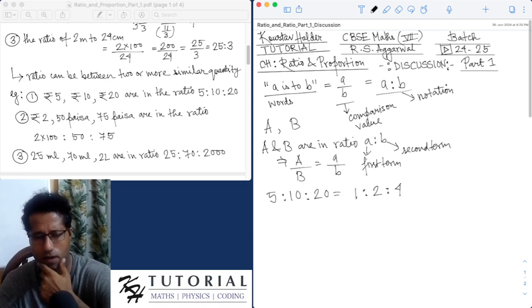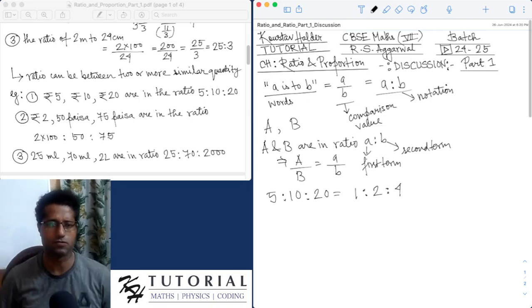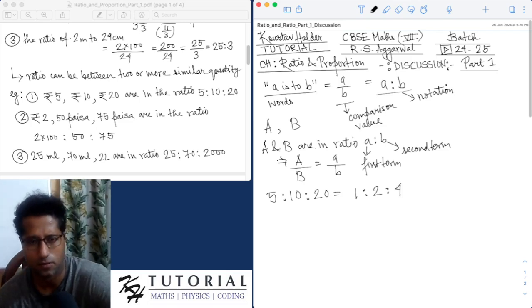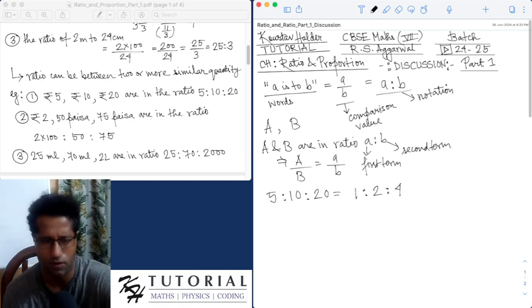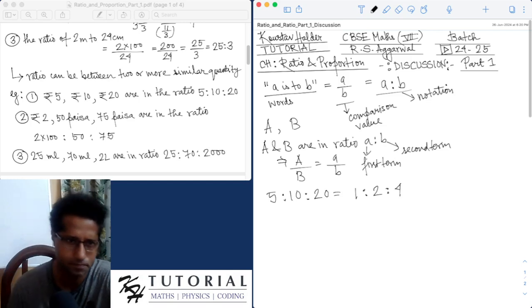Since the second and third quantities are given in paisa, we have to convert the first quantity, rupees 2, into paisa. So the ratio will be 200:50:75, and you can further reduce it to a ratio with smaller terms.